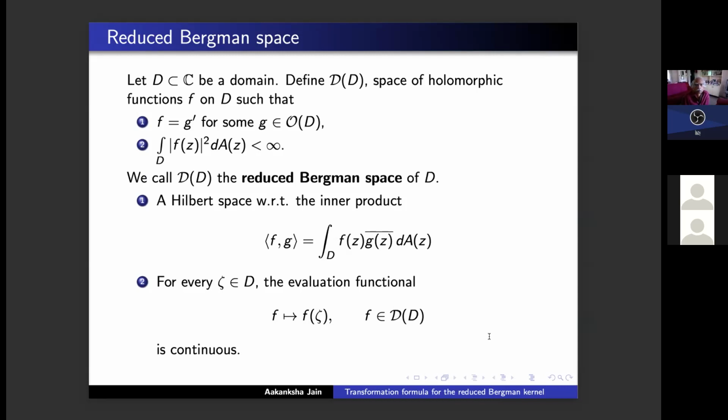You use the word antiderivative. You probably mean derivative, right? Every function arises as a derivative. Of course, for the disk case, as you said, the Bergman spaces do coincide, whether you say anti or not. But is line number 3 on the slide a typo? Are the elements antiderivatives, or derivatives of some holomorphic function?